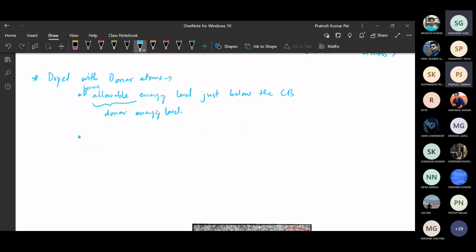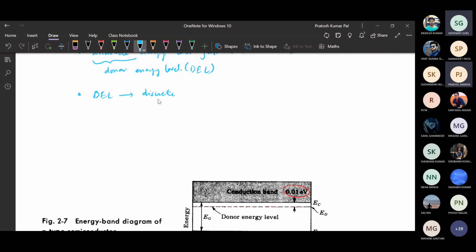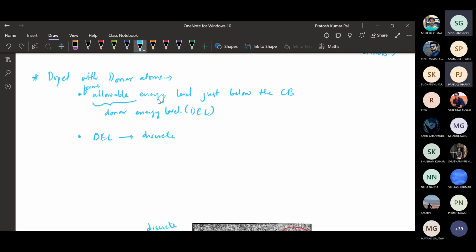So this donor energy level will be discrete in nature. That means the energy level formed here will be discrete, as the donor atoms are placed far apart.